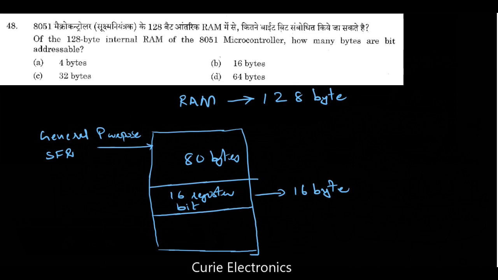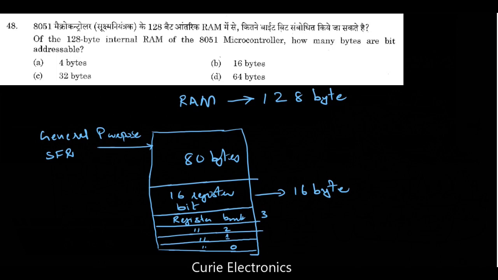Now what else is left? Then there has to be a total of 128, right? There are 4 register banks: register bank 3, register bank 2, register bank 1, register bank 0, each of 8 bytes.